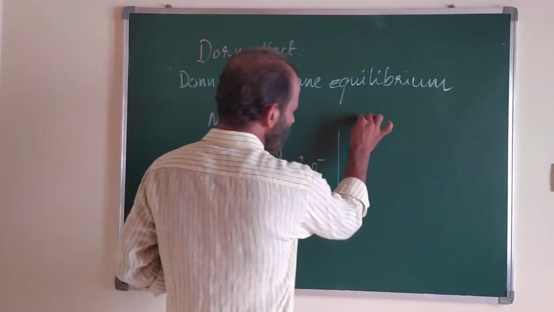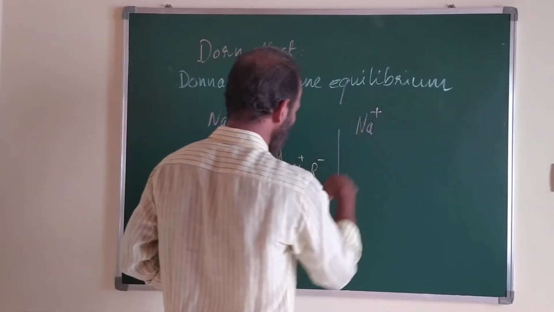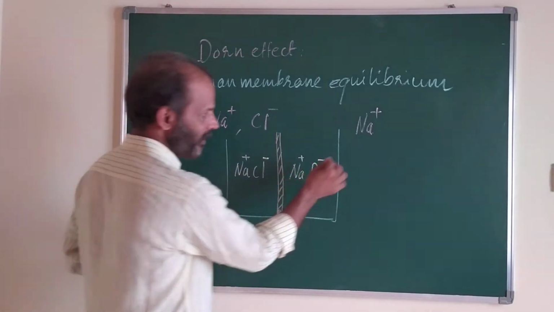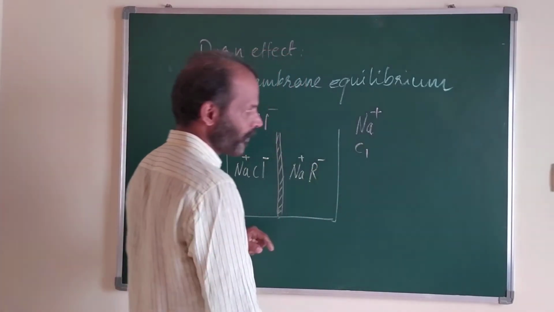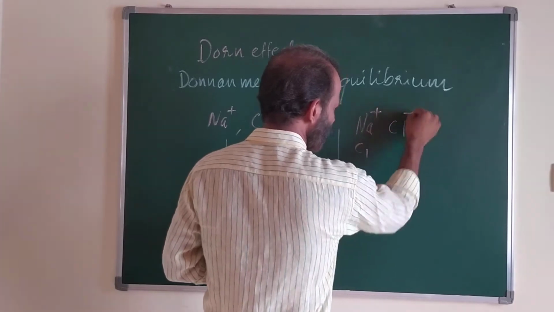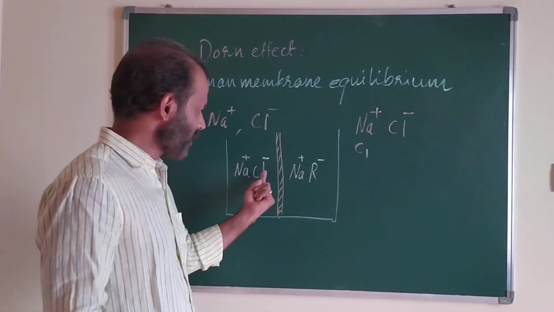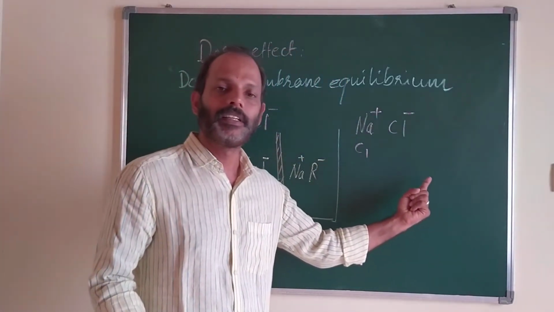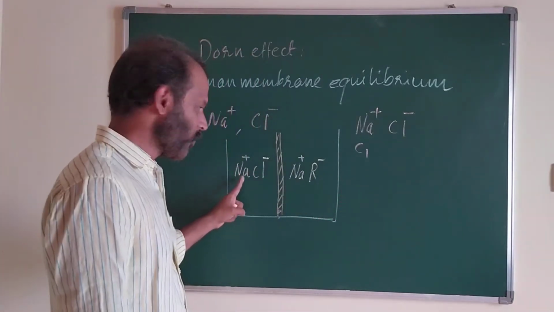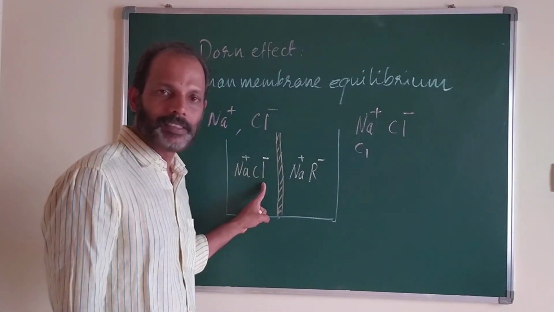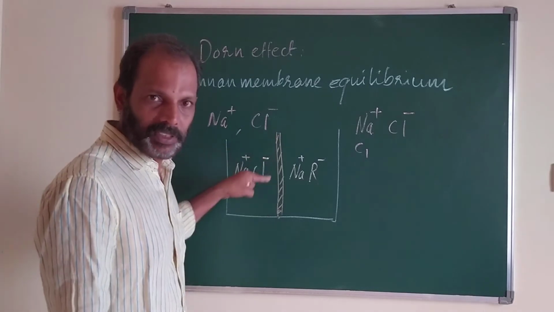Suppose the concentration of Na plus in this chamber is C1, and the concentration of Cl minus, obviously, will also be C1. If there is one Na plus, there should be one Cl minus according to stoichiometry.